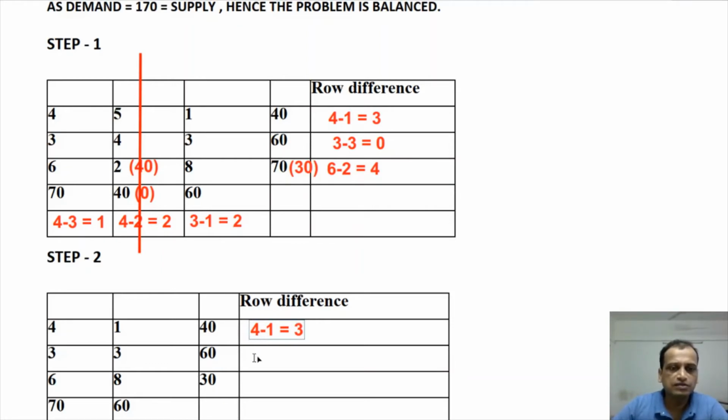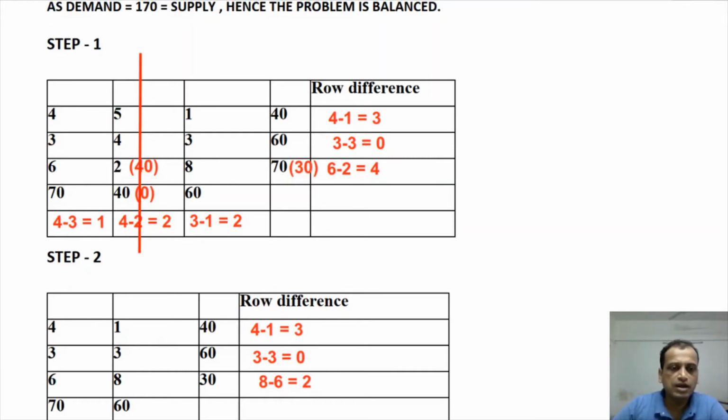Here 3 minus 3 is equal to 0. Here 8 minus 6 is equal to 2. What about here? 4 minus 3 equal to 1. Same here, 3 minus 1 is equal to 2.